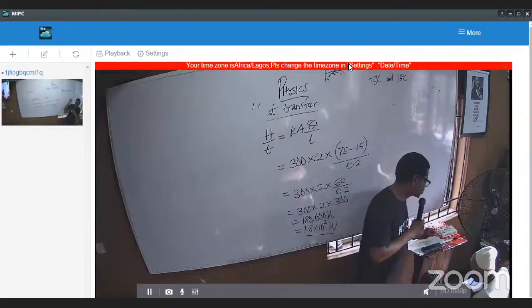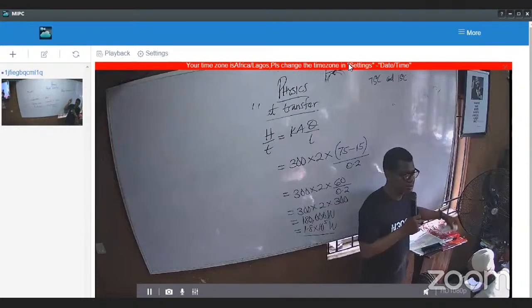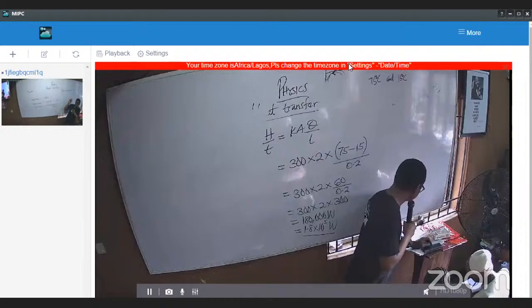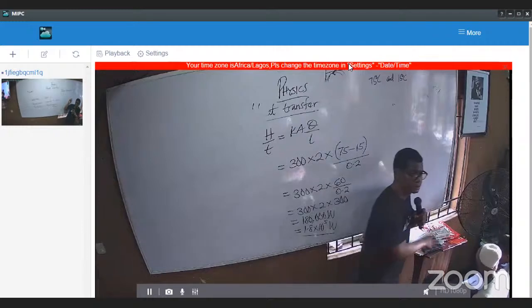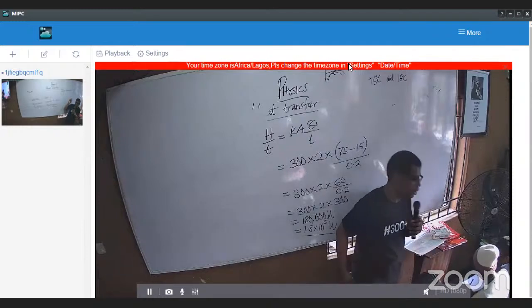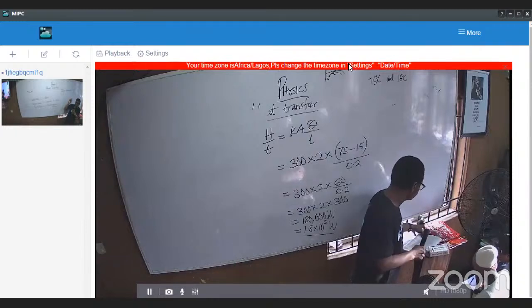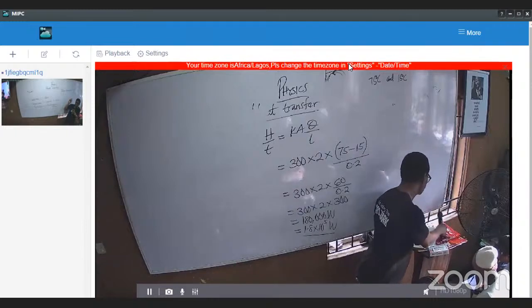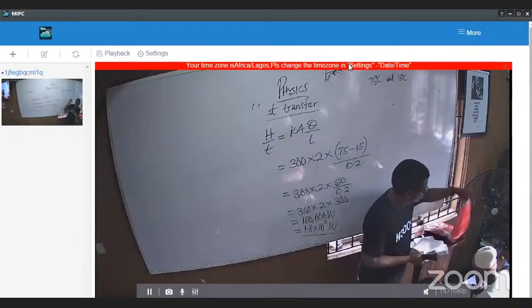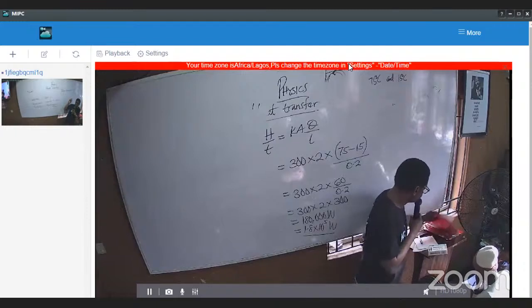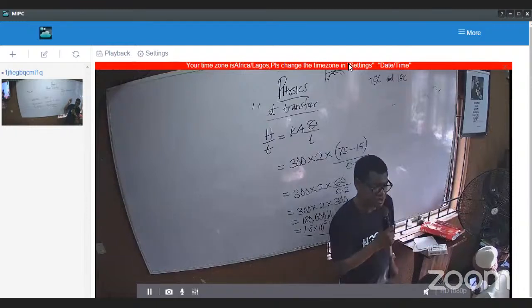Option B, cork supports, C-O-R-K. Option C, vacuum within double walls. Option D, silvered surfaces. What's the answer? Silvered surfaces.